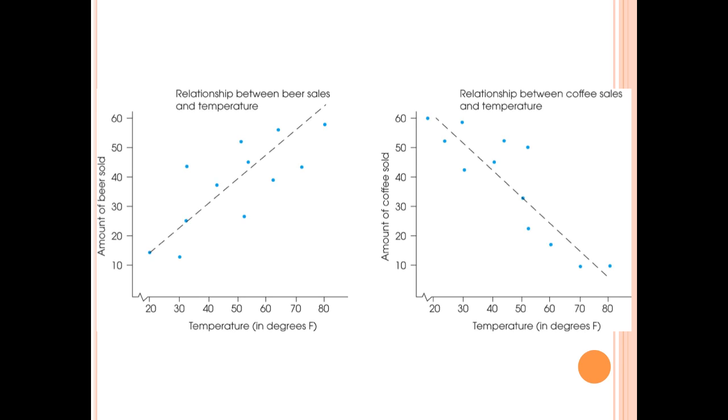As temperature goes up, amount of beer sold also increases. So if you were to calculate the correlation here on the inverse relationship, you would get a negative correlation. This amount of beer sold and temperature would be a positive correlation.